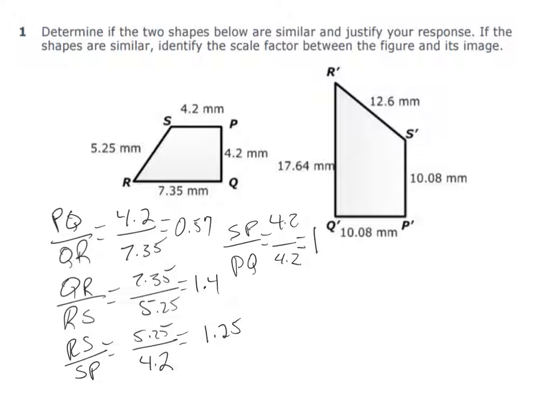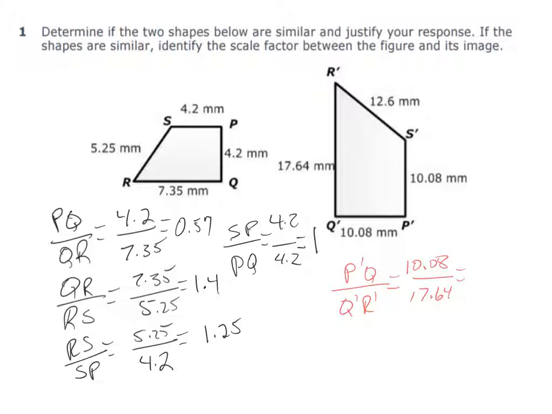So I started with PQ, and can I change colors so we'll know the difference? So let's go with P prime, Q prime, and since we did QR, Q prime and R prime. And what do we have? We have 10.08 over 17.64.